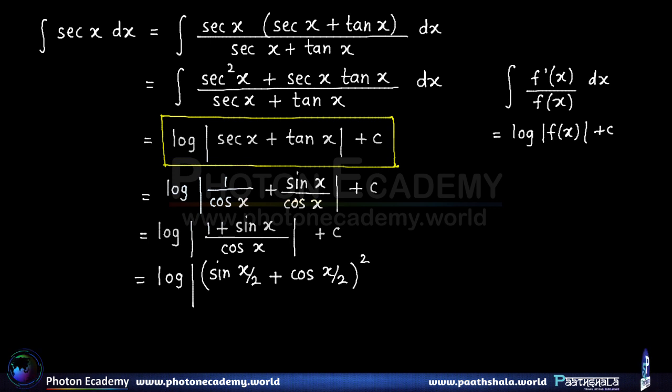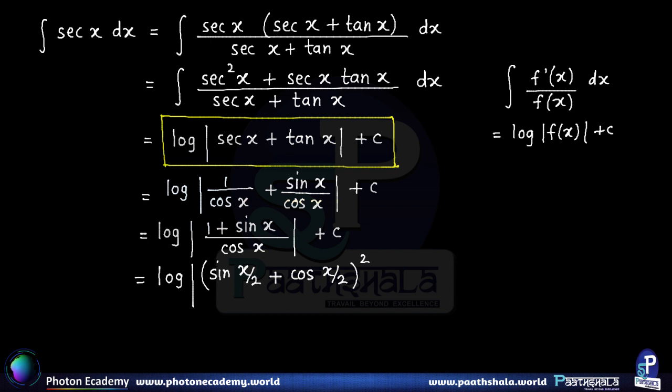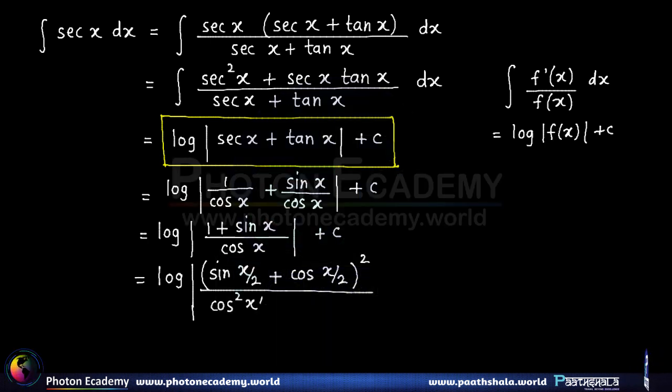Now sin square x by 2 plus cos square x by 2 gives us 1, and the middle term, which is 2 sin x by 2 cos x by 2, is nothing but sin x by the double angle formula. So therefore we can write the numerator as this, and in the denominator we use the already known identity for double angle, that is cos square x by 2 minus sin square x by 2.